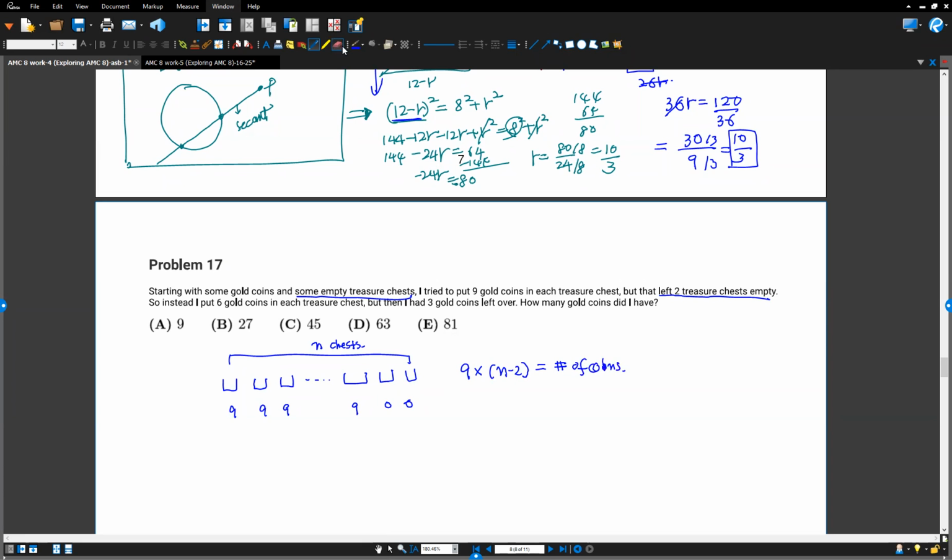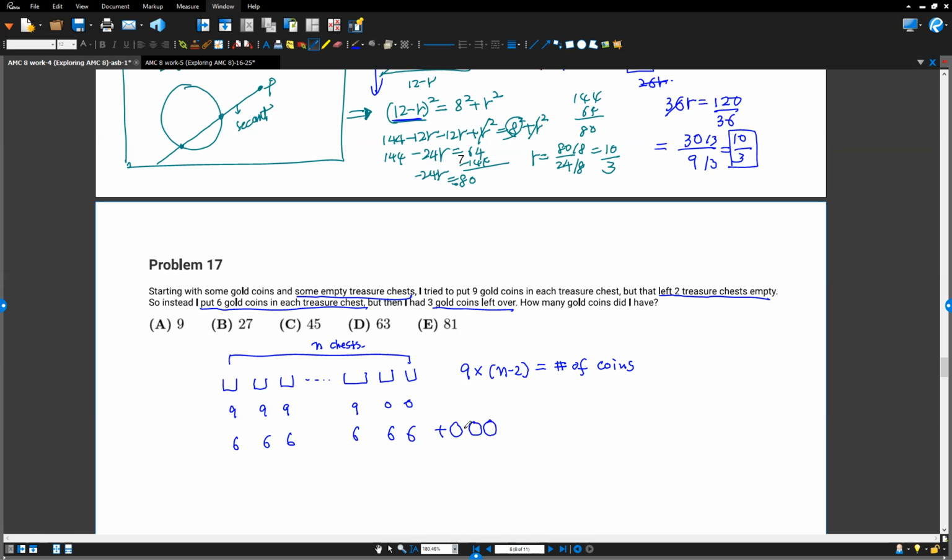Number of gold coins. Now, second one, you're going to put 6 gold coins in each. This is 6 gold in each. But in this case, 3 gold coins are left over here. 1 coin, 2 coins, 3 gold coins left.